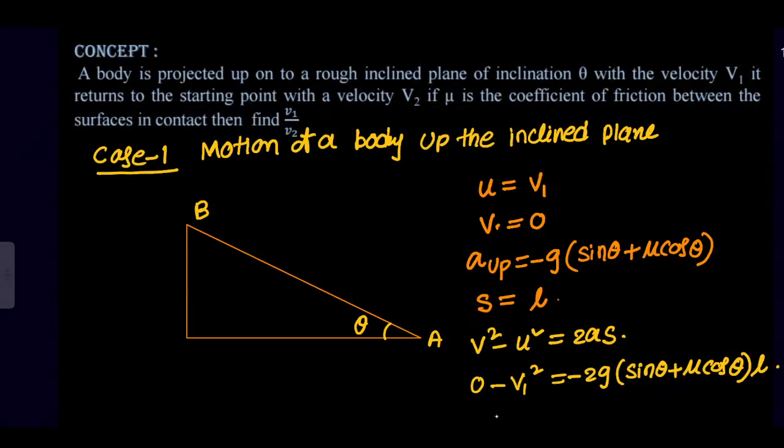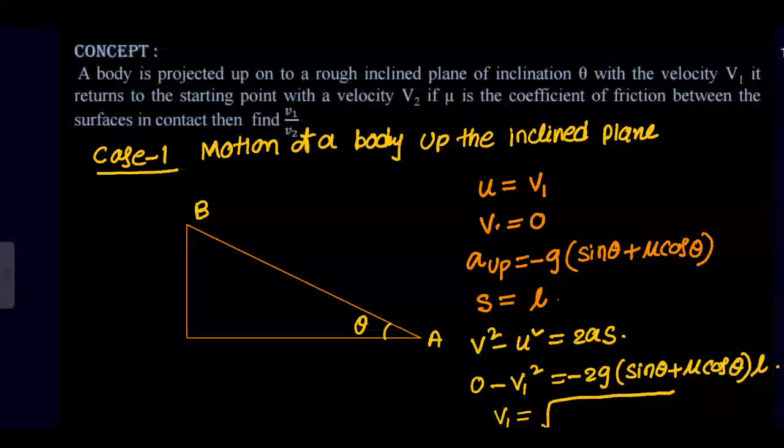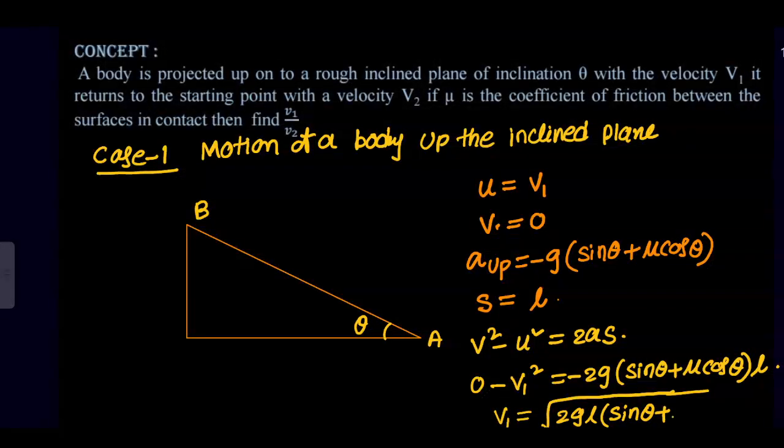The minus will get cancelled on both sides, so v1 is the square root of 2gL into (sin theta plus mu cos theta). This is v1.